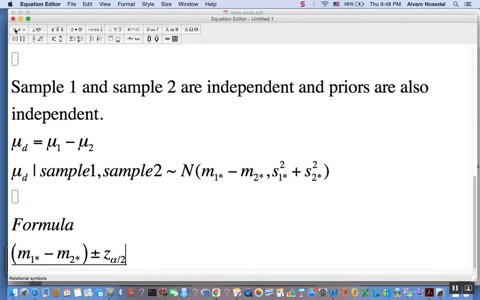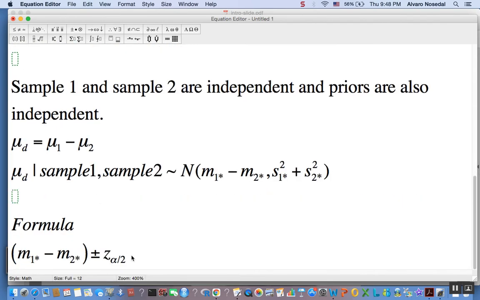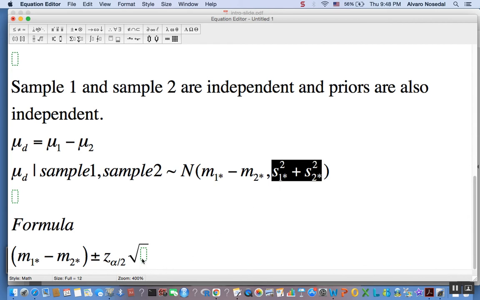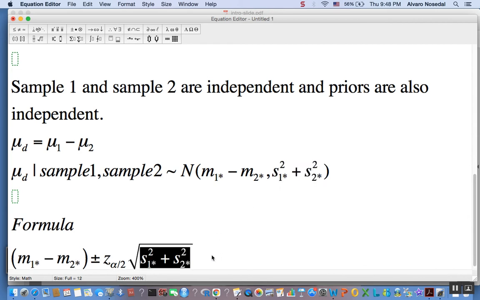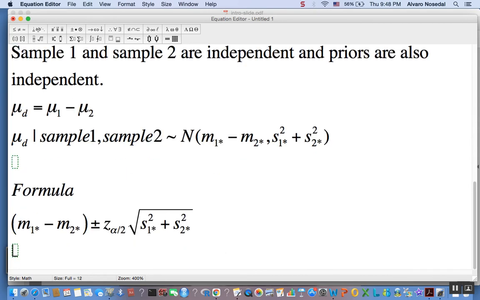So it would be the square root of this variance. And that's it. That would be the formula for the credible interval for the difference between means.